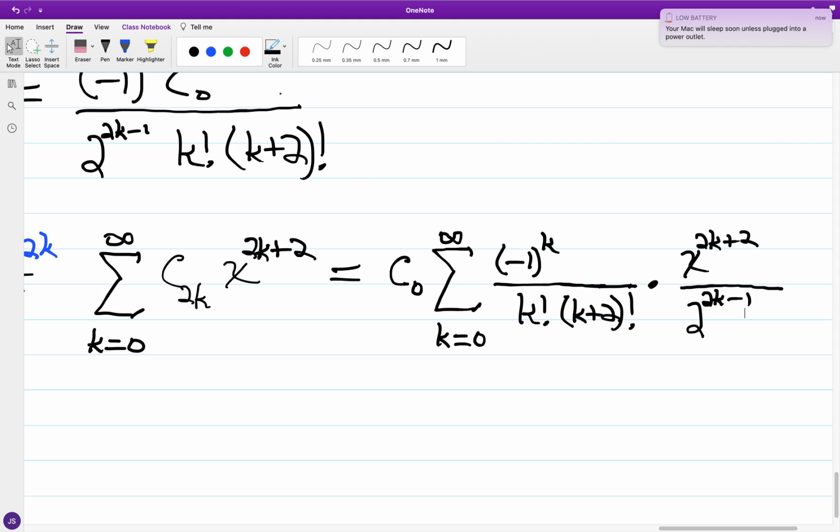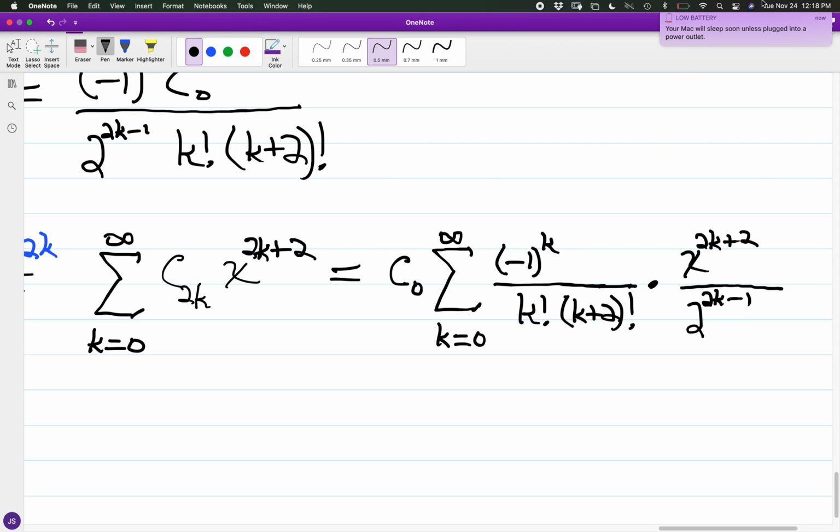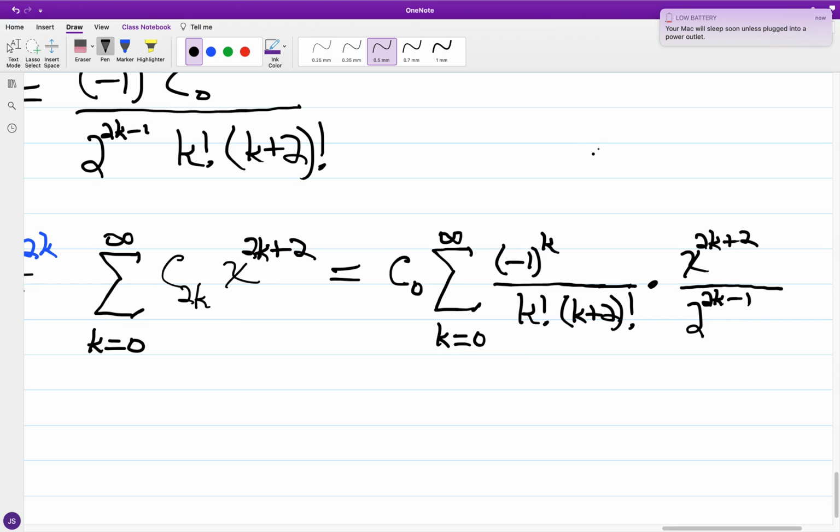Okay, so we have in this particular layout, if my computer wants to die on me.